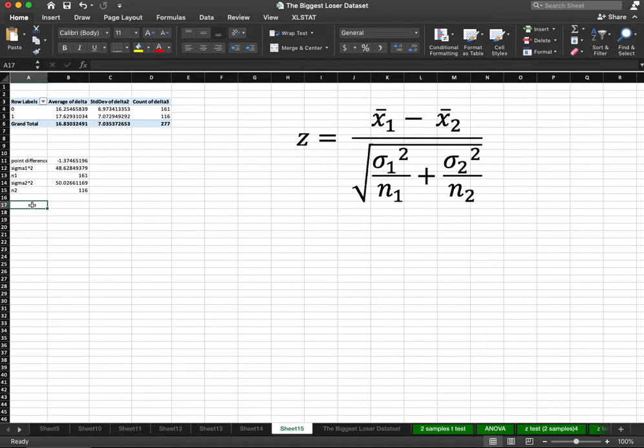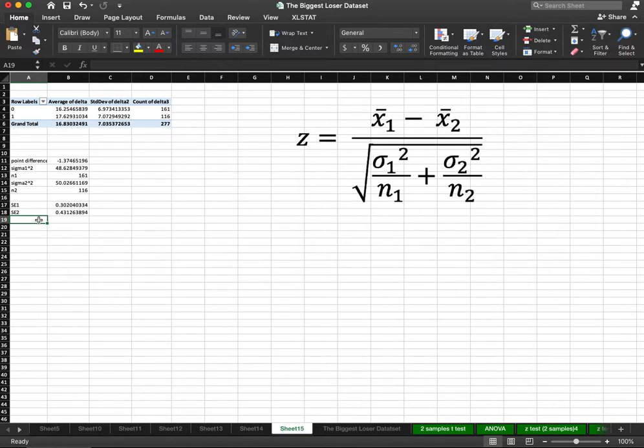Now we can add them together, so I'll do just S. Standard error 1 is equal to sigma 1 squared divided by n1. My standard error 2 is equal to sigma 2 squared divided by n2. Right.